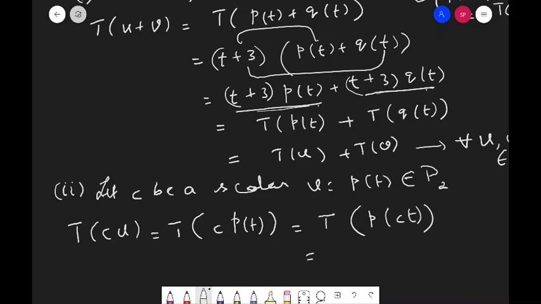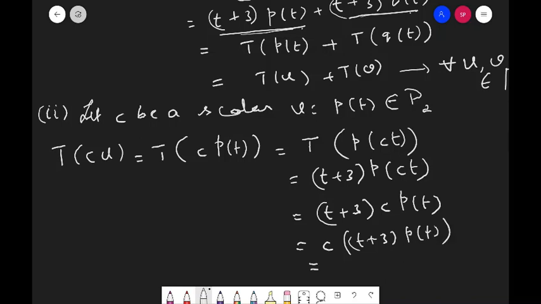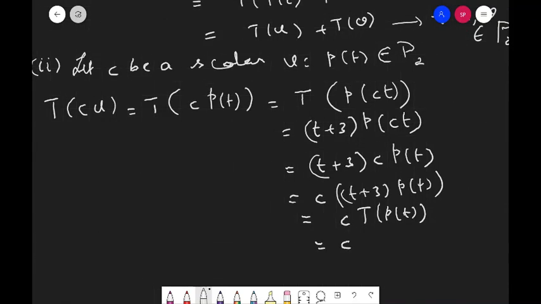Then by definition, t plus 3 into c into p of t, which is c into t plus 3 into p of t, which is c into T of p of t, that is c into T of u, for all u belonging to P2 and c a scalar.